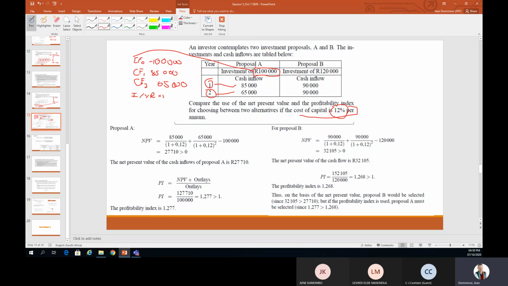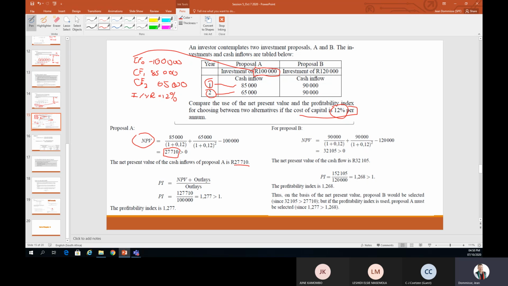Then it will ask for the net present value, so you press net present value, and it gives you 27,710. So for proposal A, that is the net present value.